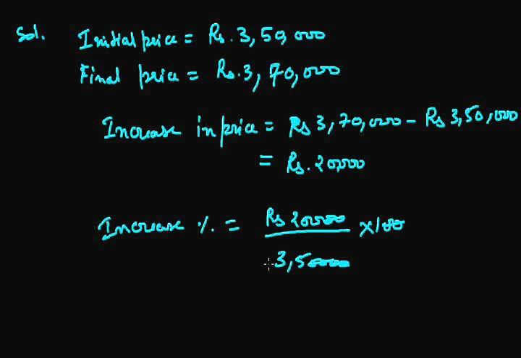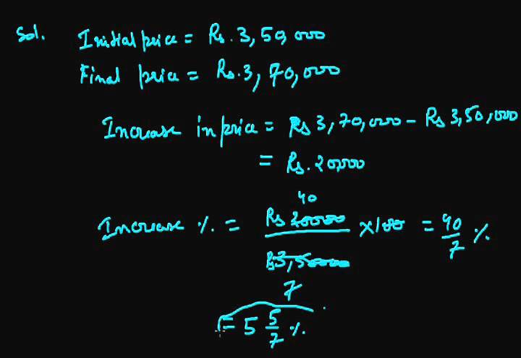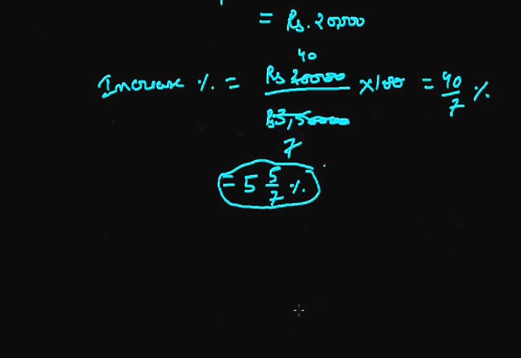We can also cancel it by 5. 5 sevens are 35. Then 5 fours are 20. It will be equals to 40 upon 7%. Or we can write 5 by 7%. So the increase in the price from the original value is of 5 by 7%.